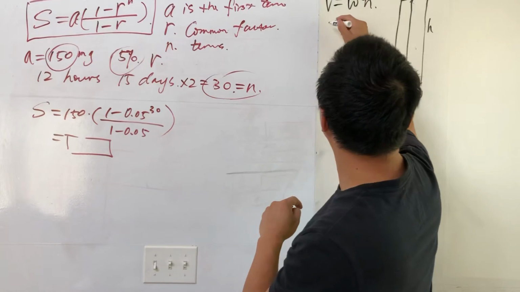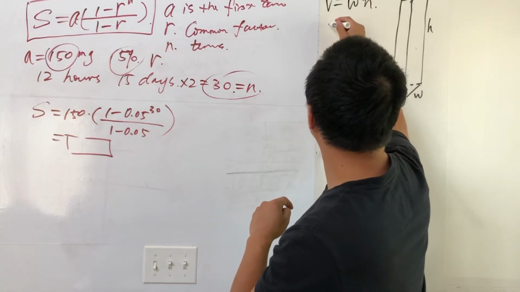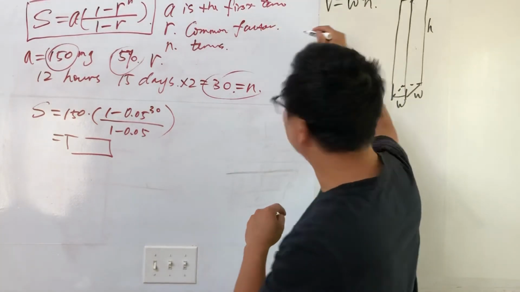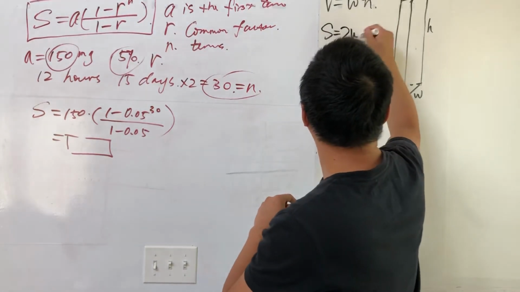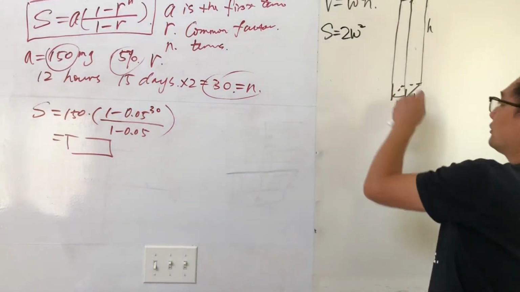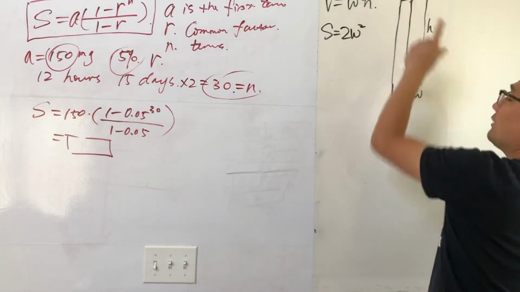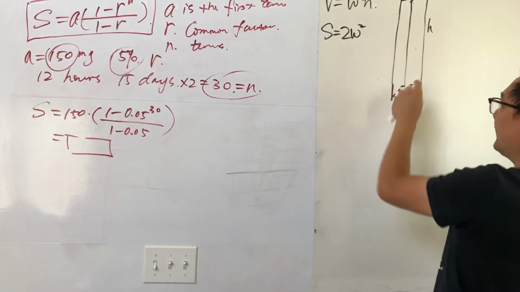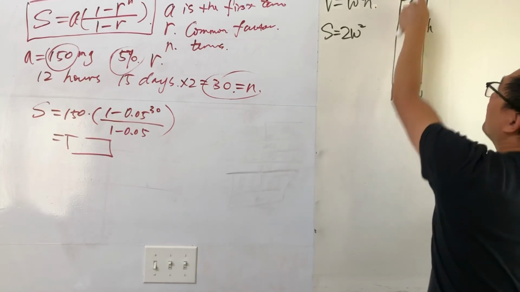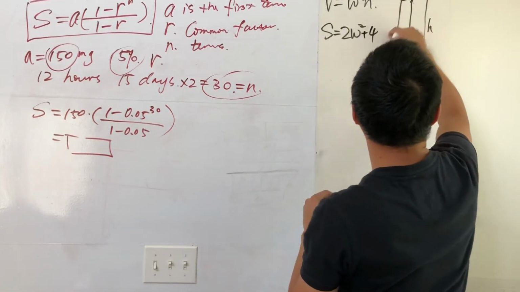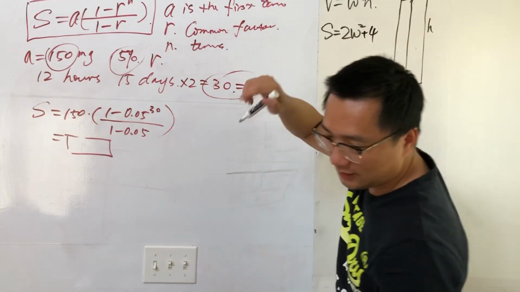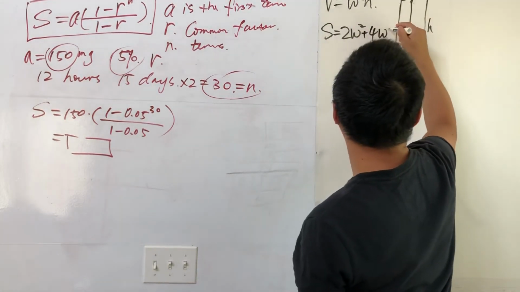And also you have the surface area. The surface area is 2 W square, because this is a square. The square has 2, that means W square is the area of the bottom. And you also have to add 4 more sides, so that means 4 times WH, okay?